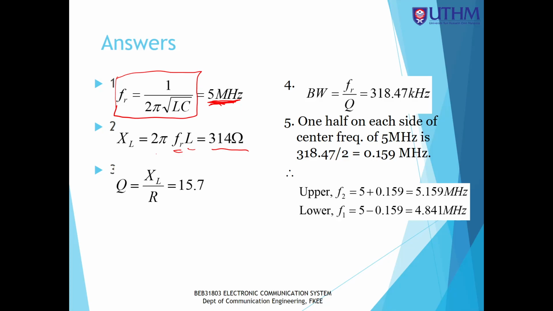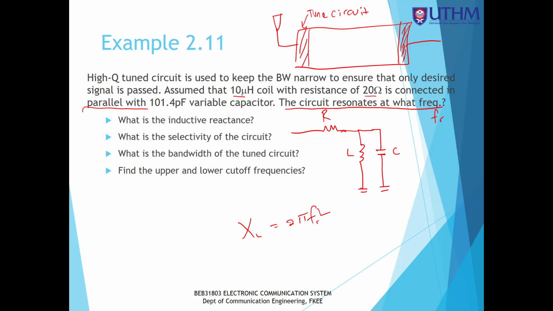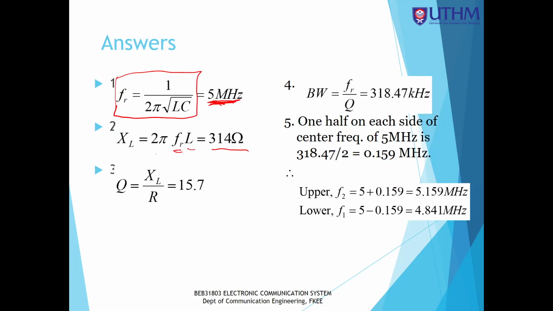Then the question asks, what is the bandwidth of the tuned circuit? The bandwidth of the tuned circuit is equal to the inductive reactance divided by the resistance, both in terms of ohm.